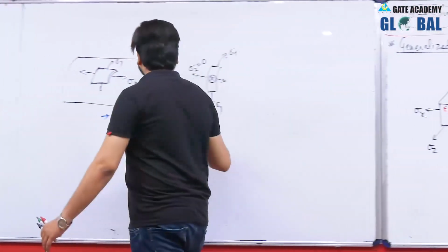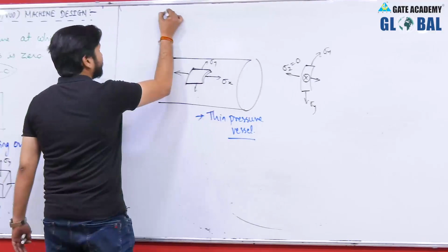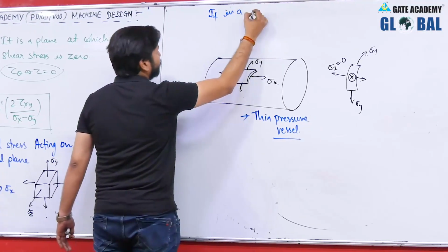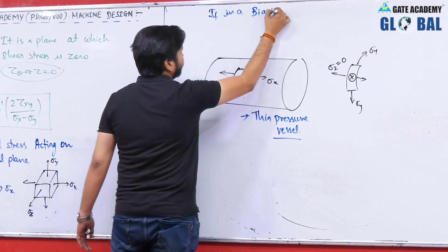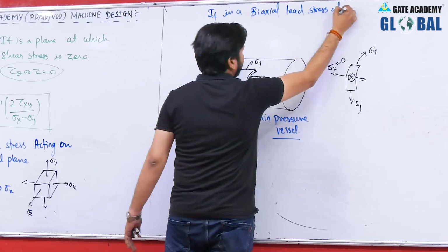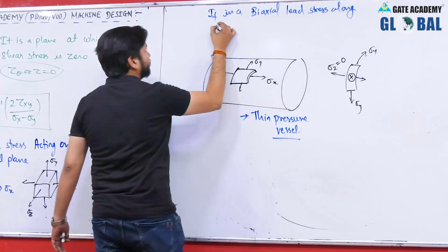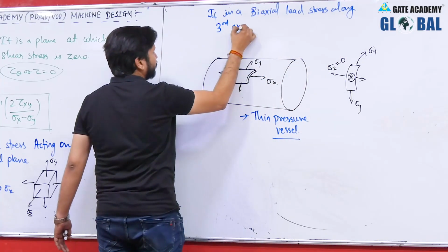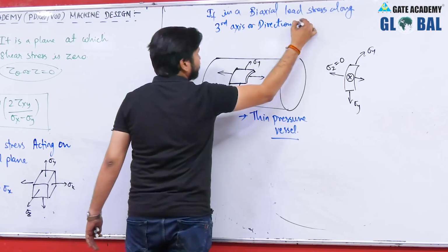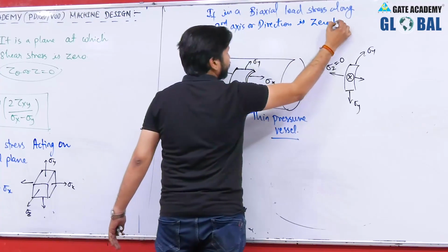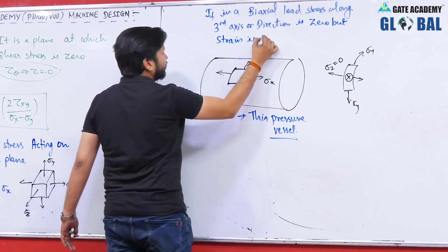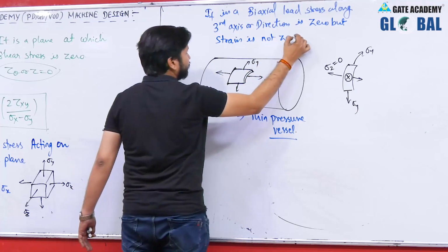So, this kind of situation, where in a biaxial loading the stress along the third axis, or you can say direction, is 0, but strain is non-zero, strain is not 0.